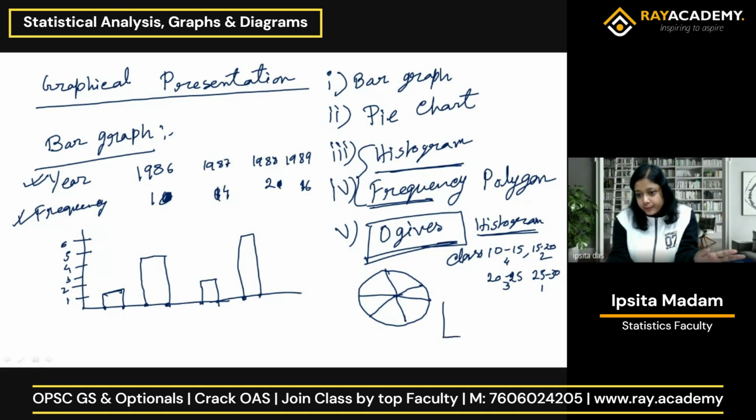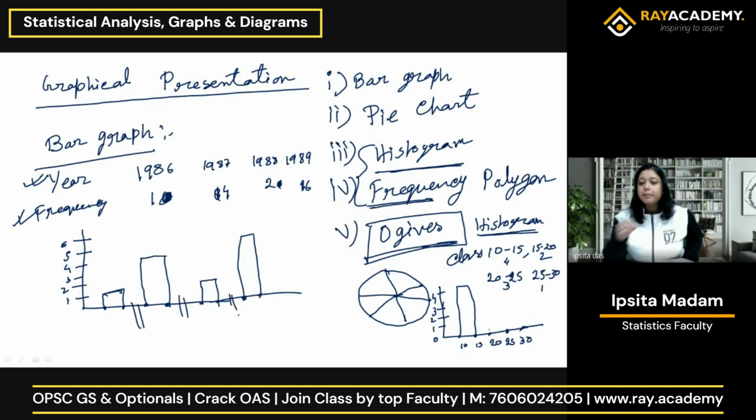For 10 to 15 it is 4. Now you make the bars, but it is a continuous case, with no gap. In a bar graph there is a gap, but a histogram is completely continuous. 15 to 20 makes 2, 20 to 25 makes 3, and 25 to 30 makes 1. This is our histogram.